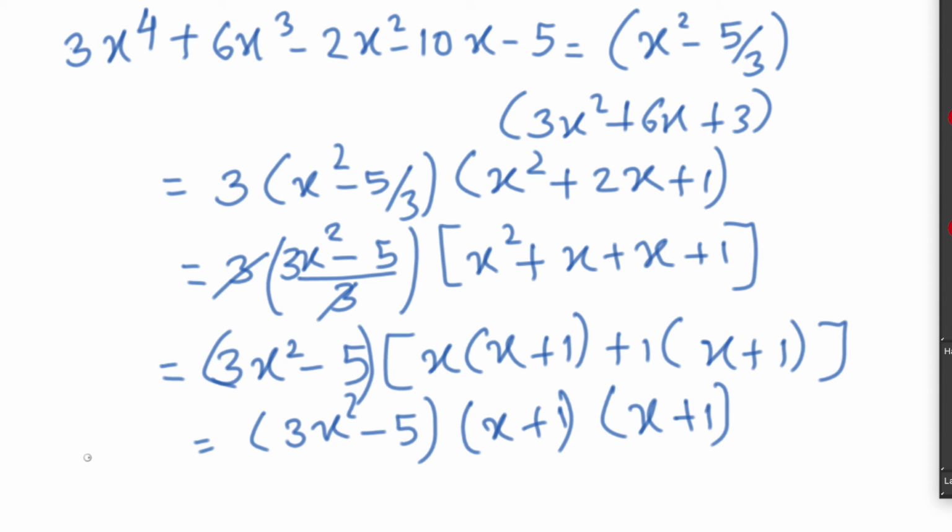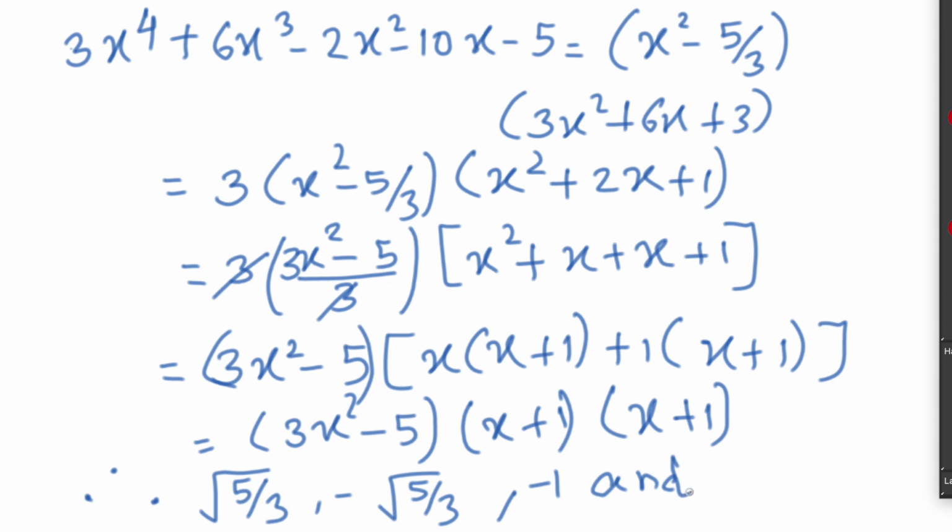Therefore the zeros we get: two are given, root 5 by 3 and minus root 5 by 3, and the rest two are minus 1 and minus 1 again, because it is x plus 1.